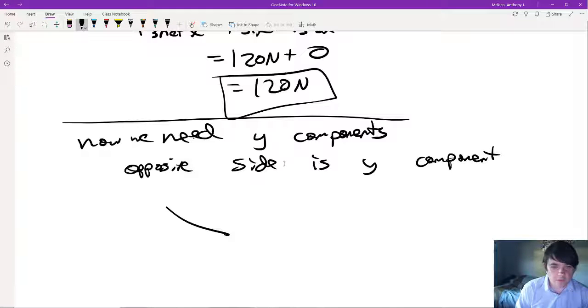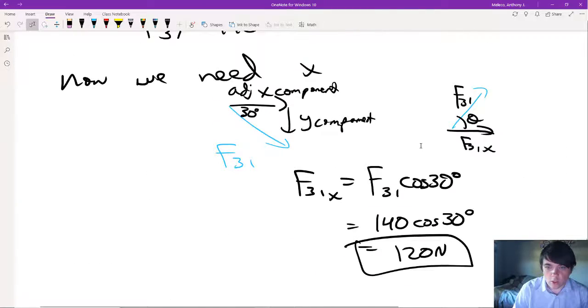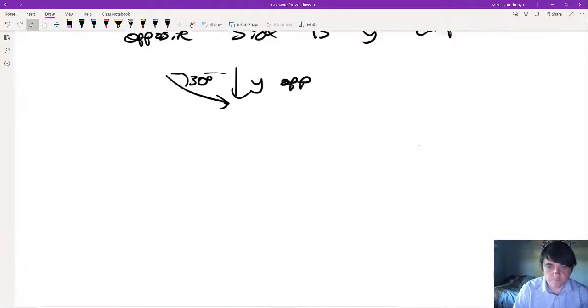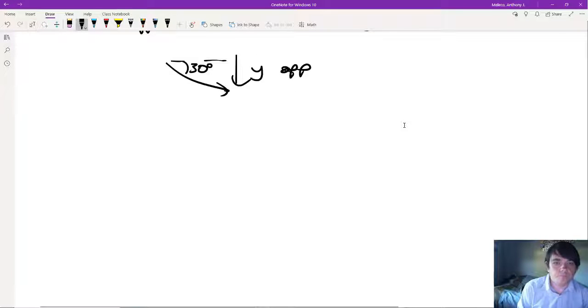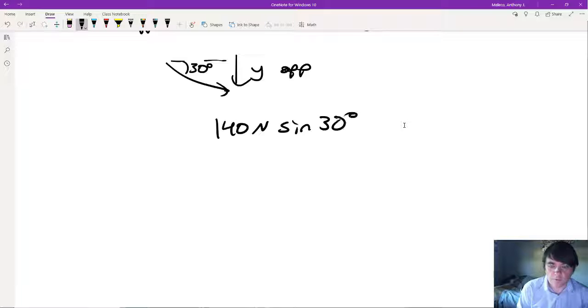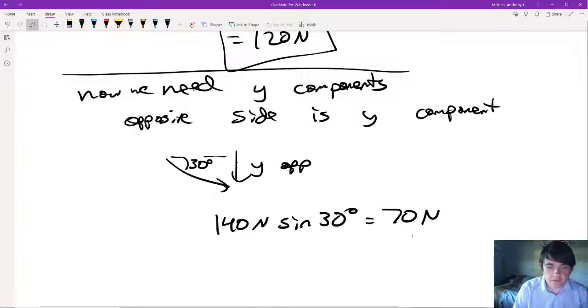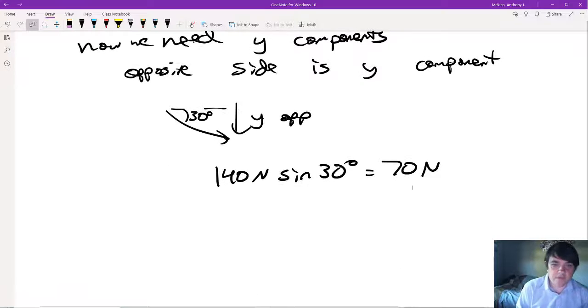This is 30 degrees, here's our y. This is the opposite side to this angle. So we need 140 newtons times sine 30 degrees. And sine of 30 is actually 1/2, so this is 70 newtons.